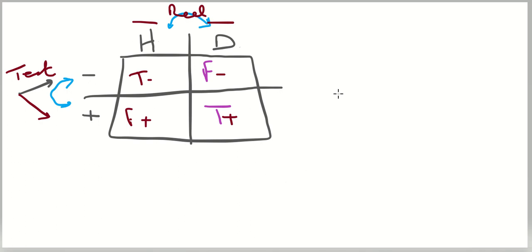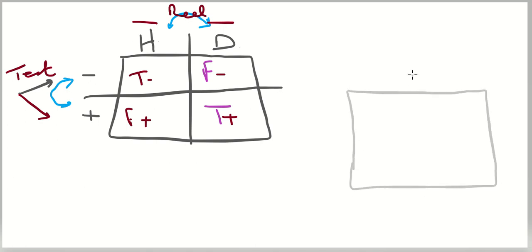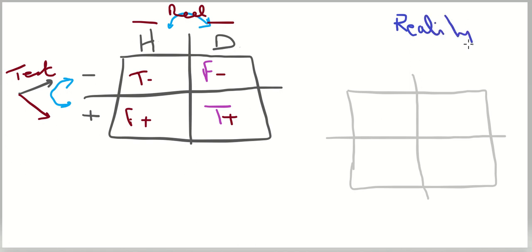Similarly, we're going to adapt the same rationale to testing hypothesis. We're going to create four scenarios, and reality is going to be right here, and right there is what the test is saying to us.